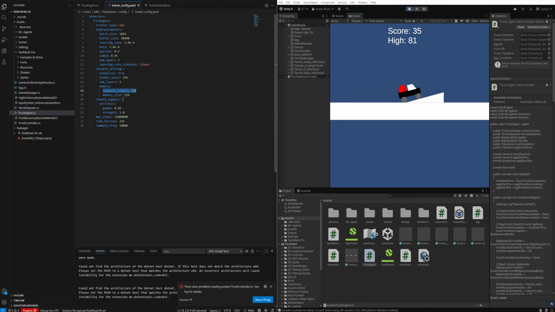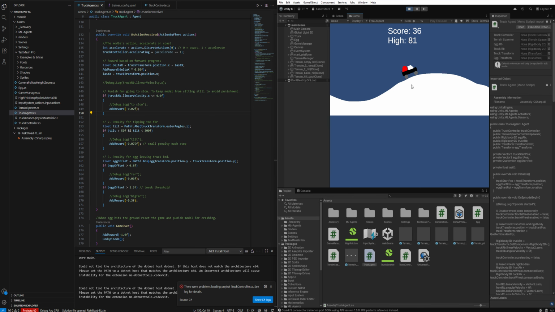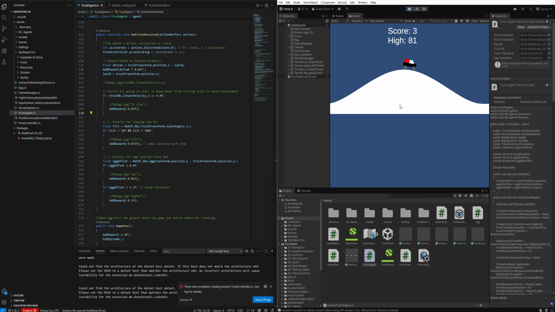So I allowed it to remember farther back in time, and once it was able to remember back a few seconds and the rewards were more correlated to its behavior, it was able to then learn and figure out how to maximize those rewards, and we ended up with this model over here. And this model is able to play the game better than I can, which I think is pretty good.